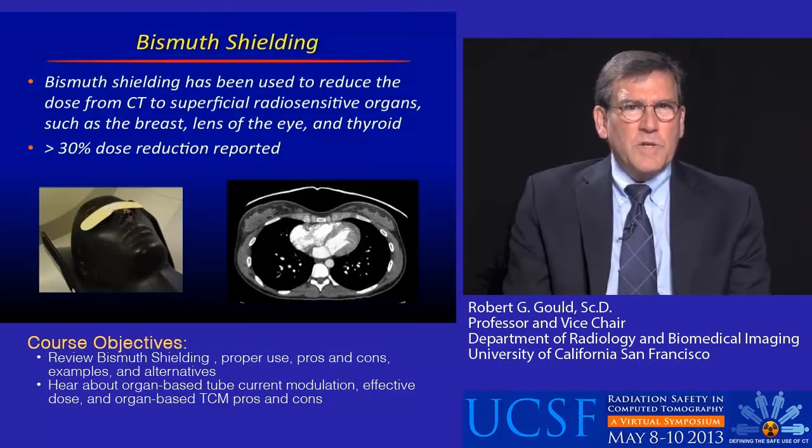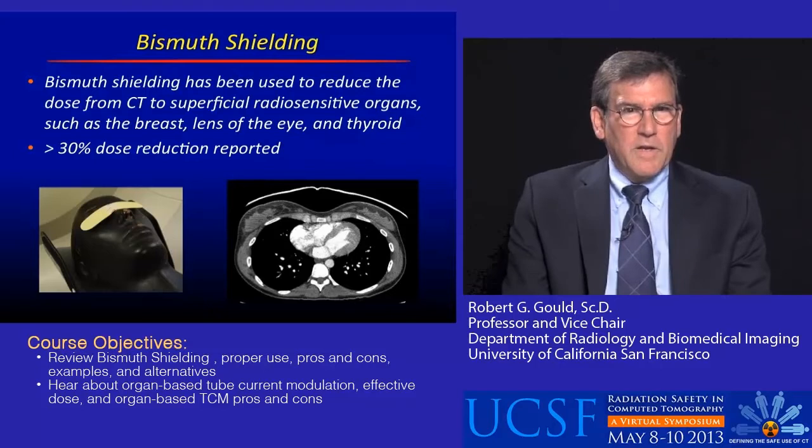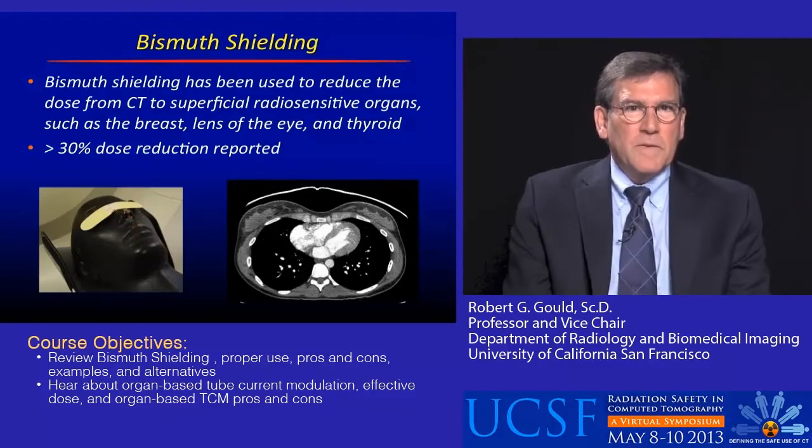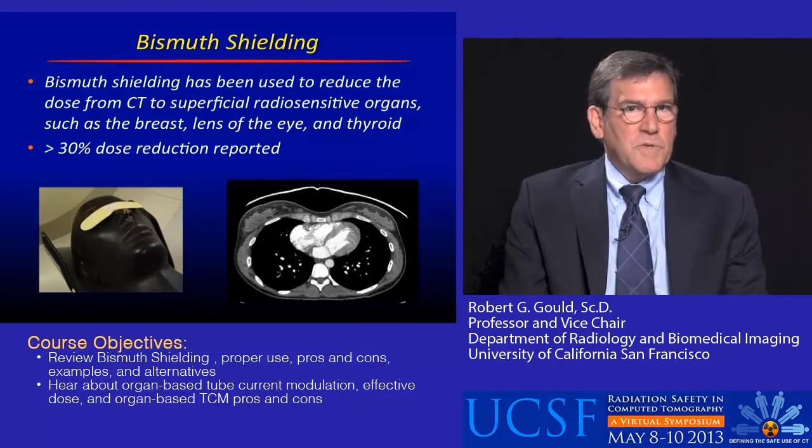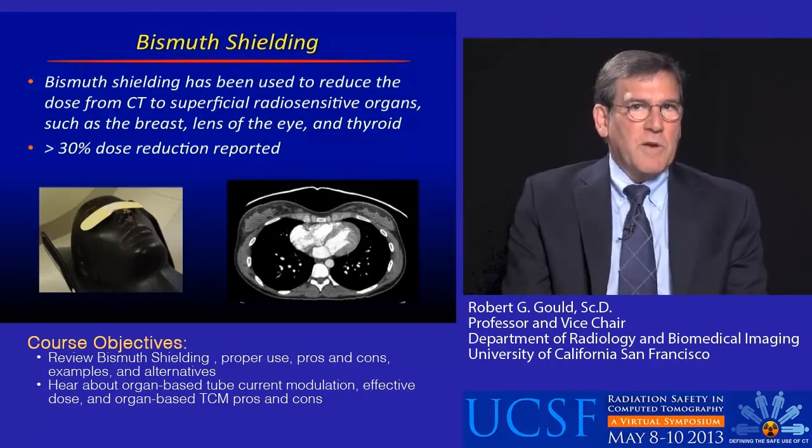And the way this works is it is placed over the organ that you're trying to protect. And it has been shown, for example, at the lens of the eye or the female breast to reduce dose by 30% or more. So it can do a substantial dose reduction. Certainly can be used in the thyroid as well as the eye and the breast.